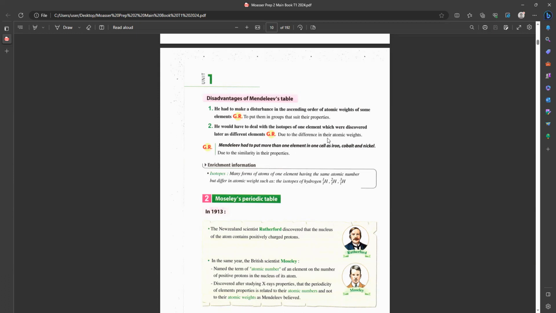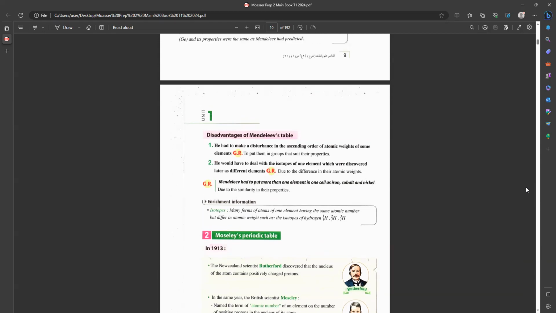So we must not deal with them as one element or put them in one card. They must have three gaps or three cards. But he put them in one cell because he found they are similar in properties, but not similar in all properties. We must put them in different cards. This is the disadvantage of Mendeleev.